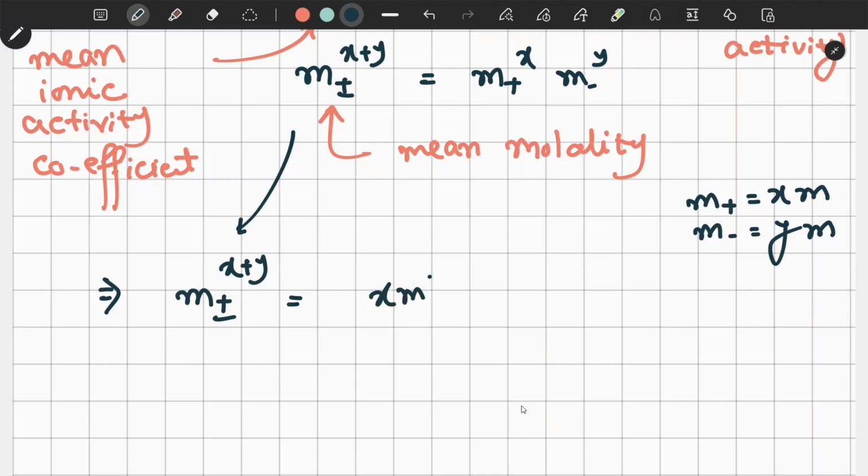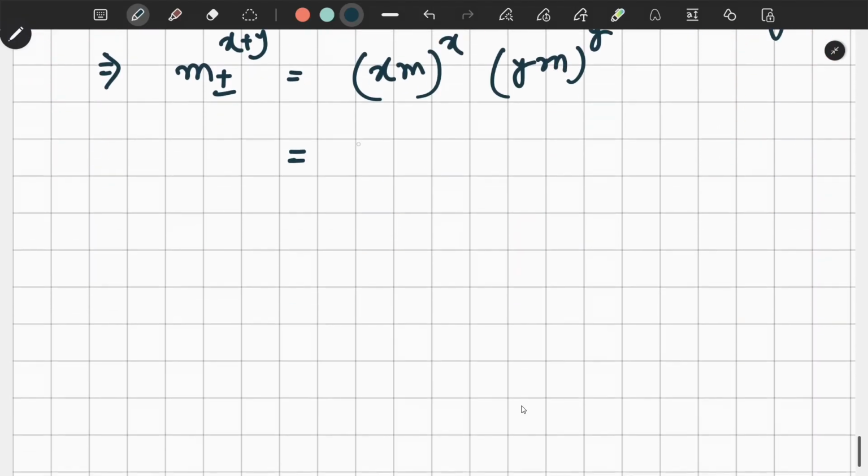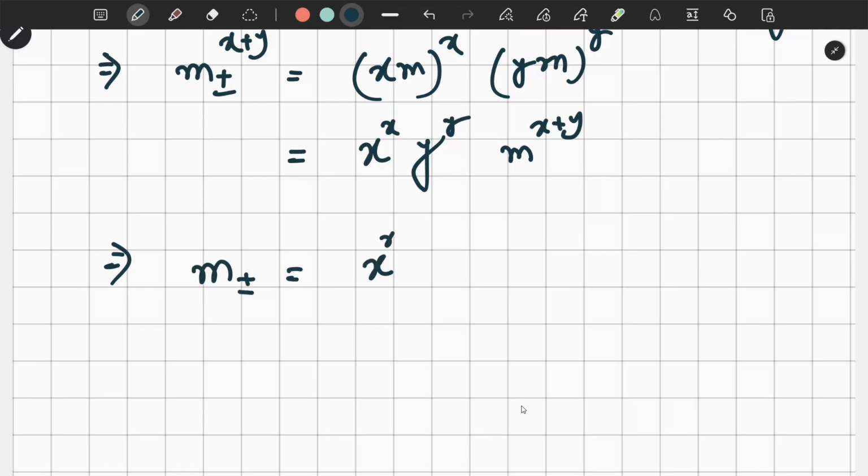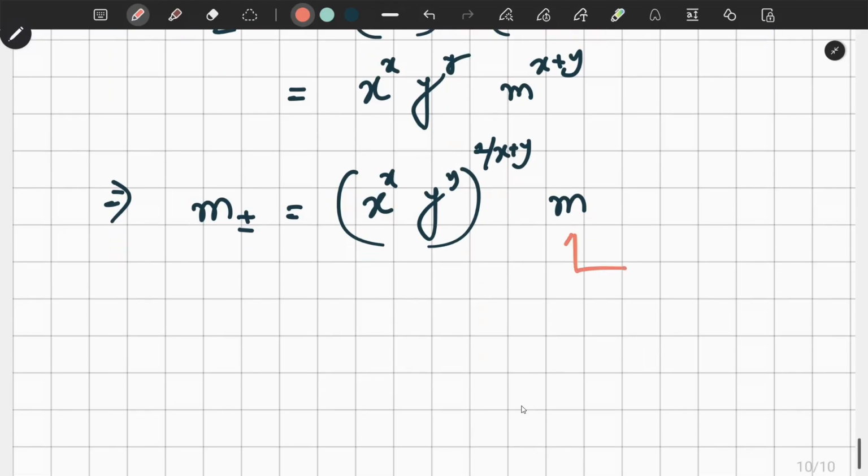So just put it. It will be Xm to the power X, Ym to the power Y. It's better to write like this. So this is our molality of salt.